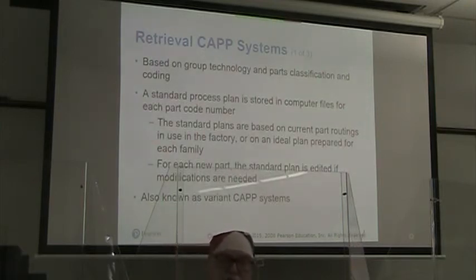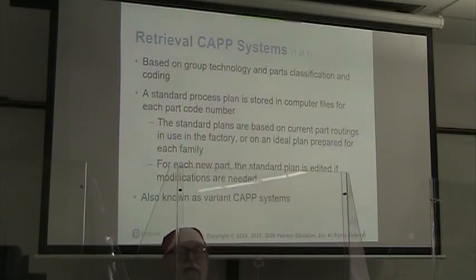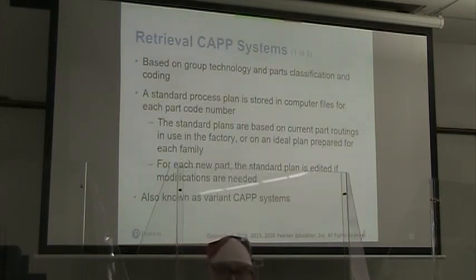Well, first of all, we base that on group technology and our parts classification and coding. So we have a standard process plan in the computer files for every part code number.